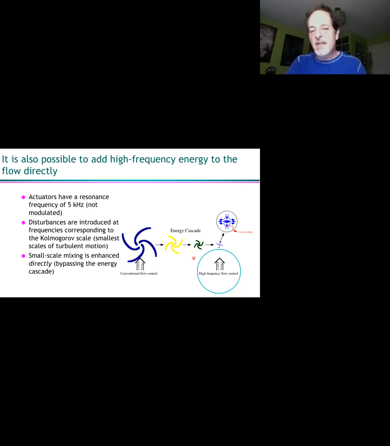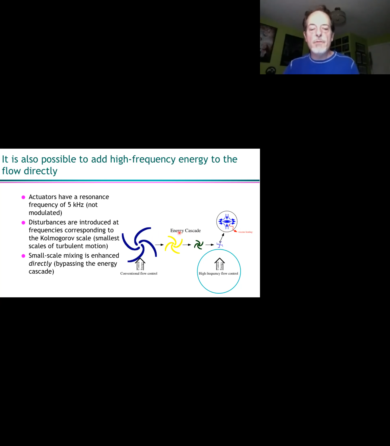So something on the order of 2 or 3 orders of magnitude higher than the natural frequency of the flow. In this region of the flow, we were introducing disturbances that correspond to what's called the Kolmogorov scale, the smallest scale of turbulent motion.